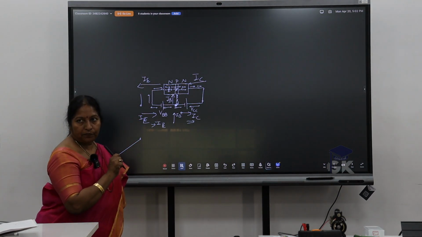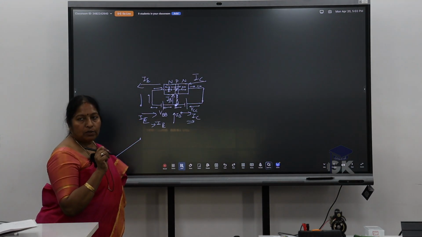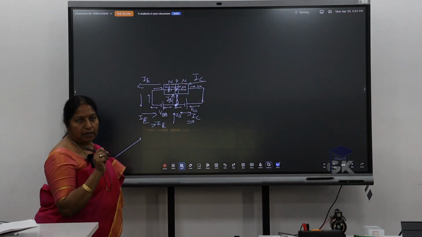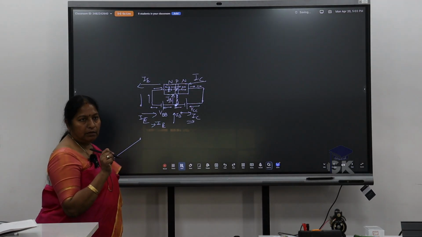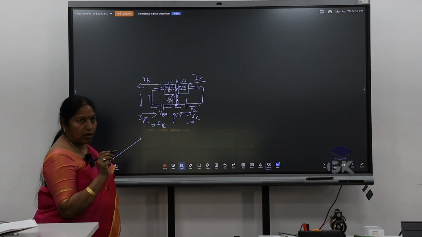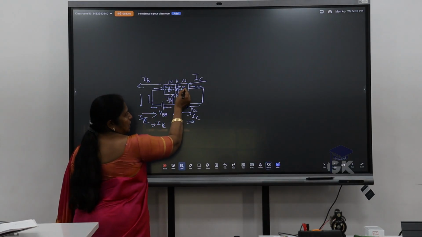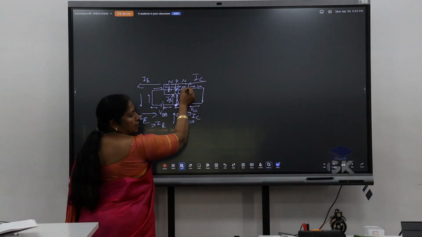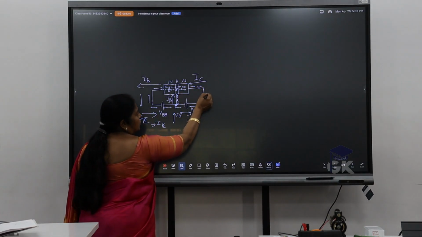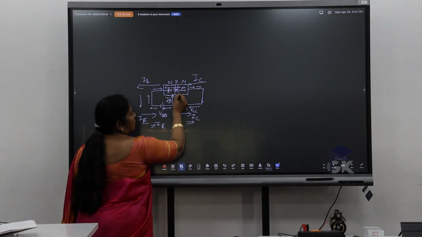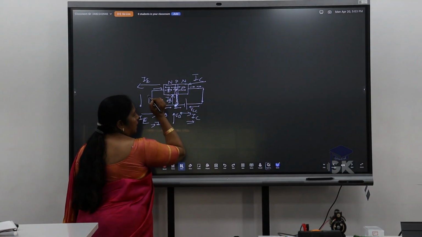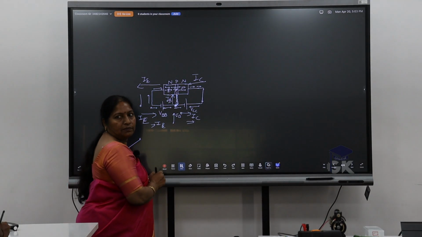Is there any doubt? How are the charges moving? Majority carriers in the emitter are electrons, that move through this and will be collected in the collector, and these charges will flow like this and leakage current will move like this. This is the base charges.